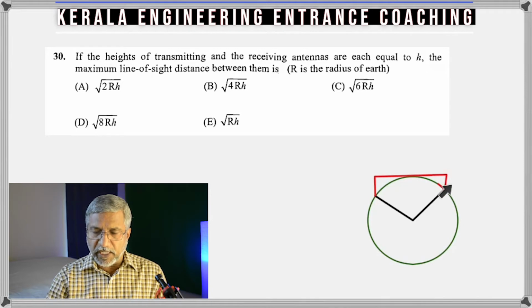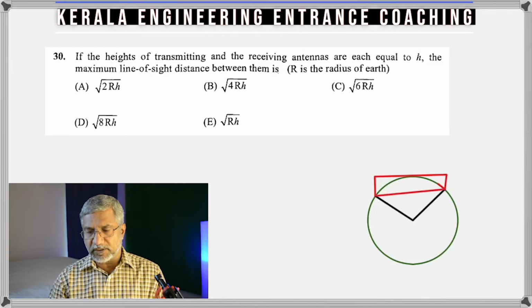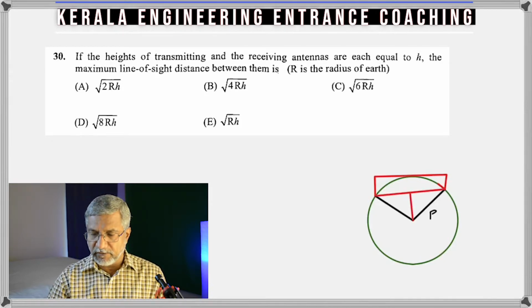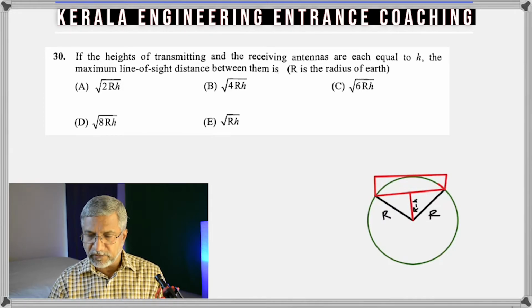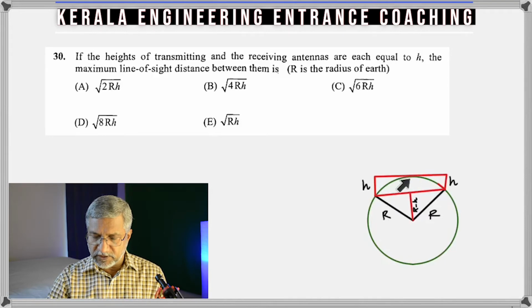So this would be h, the radius would be r, which is the radius of the Earth. And then from that geometric diagram there, you see the triangle. We can see that is r. This is also the radius of the Earth. This is r minus h, because this is r, correct? That is the radius of the Earth. But this is h.